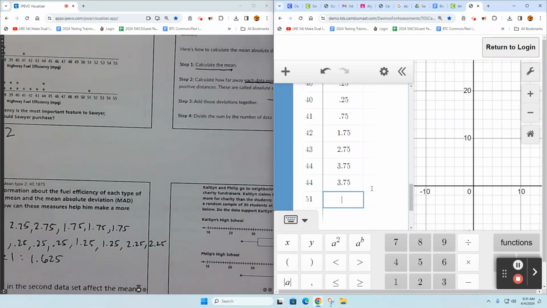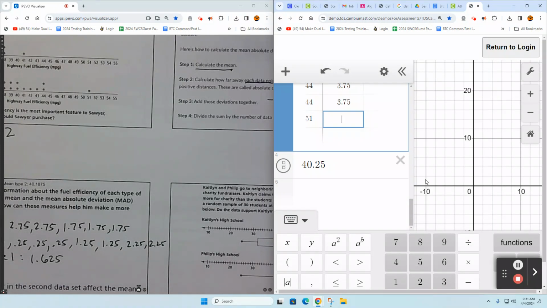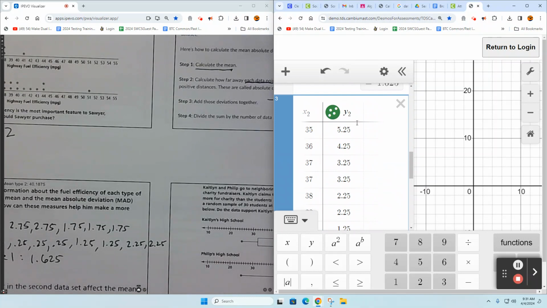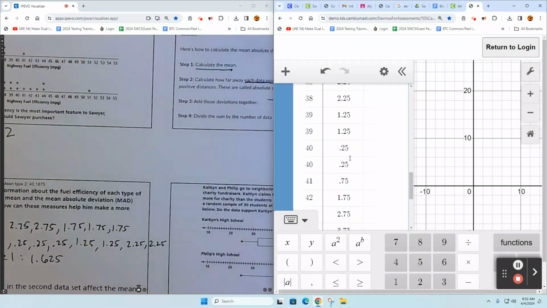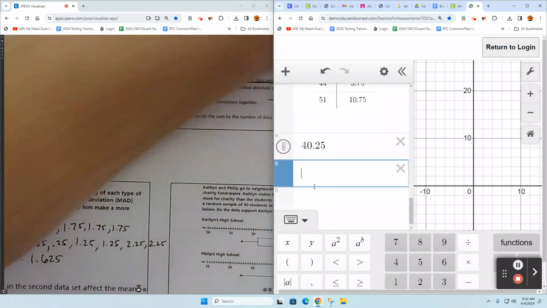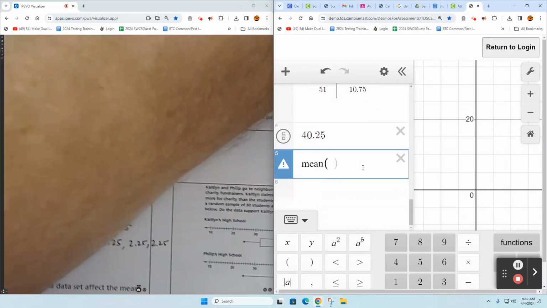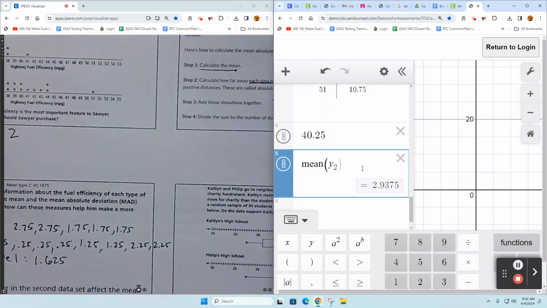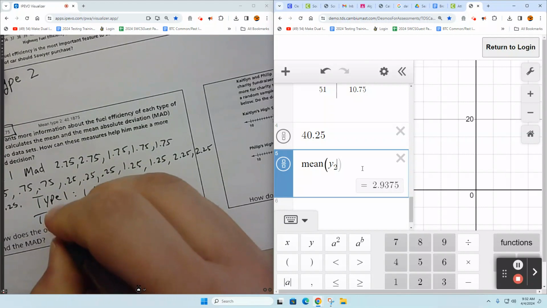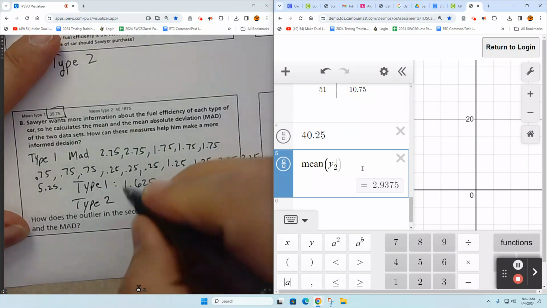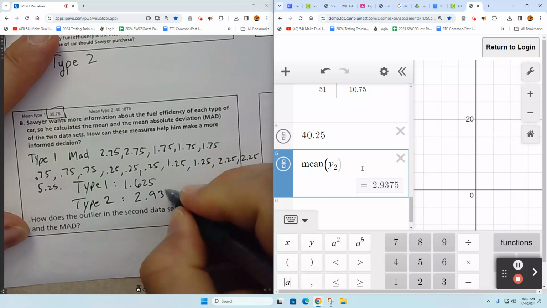What's 51? We're talking about the distance from 40.25: 10.75. Okay. So now we have the distances, and what do I need to do with those numbers? Find the mean, the average of that. So then I can go down here and just type in the mean of Y2, which is 2 point... So type 2 is 2.9375.